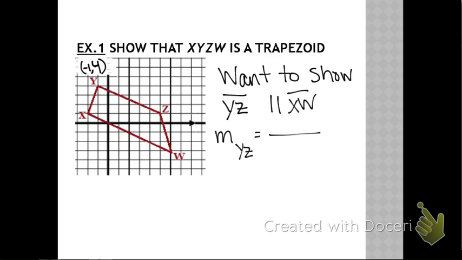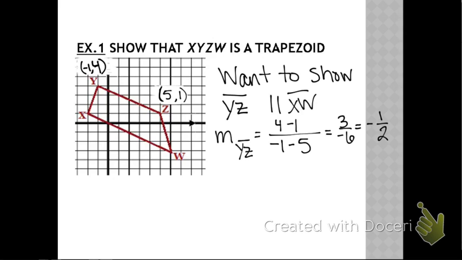The coordinates of z are going to be 5, 1. Okay, so y minus y, I could have 4 minus 1 over x minus x, -1 minus 5. That would give me 3 over -6, which reduces to -1/2.